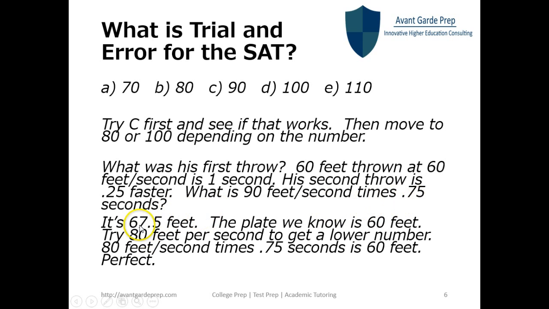When you multiply those two, you find that it's 67.5 feet, which is not the distance to home plate. The plate we know is 60 feet from the pitcher. Because we got a large number, we would like to choose a number that's smaller when multiplying. So our next choice would be B. Try 80 feet per second. 80 feet per second times 0.75 seconds is 60 feet. And that's exactly what we're looking for, so good job.